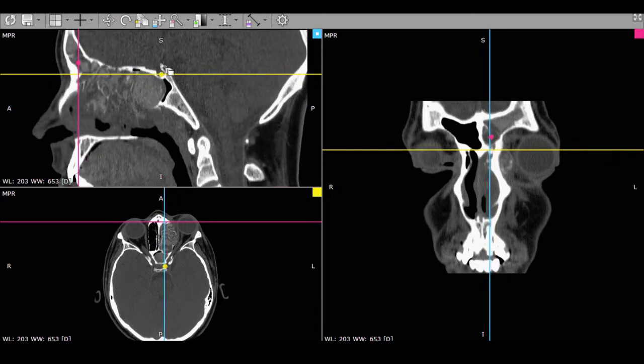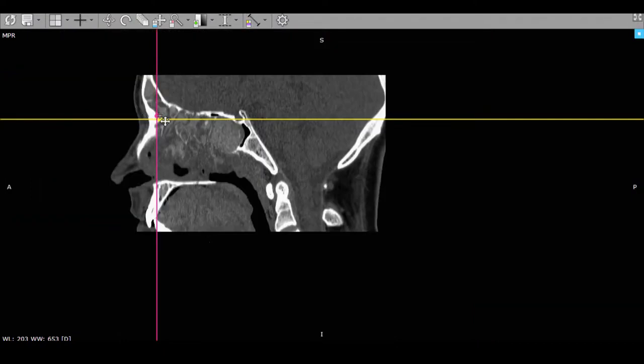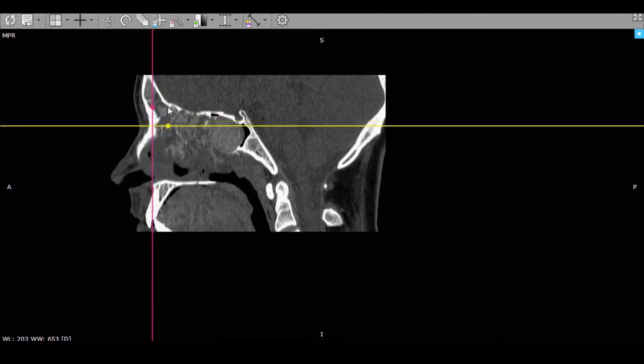And now if I measure with my tool here, if I measure the distance here, from the beak to the skull base behind, more than a centimeter.